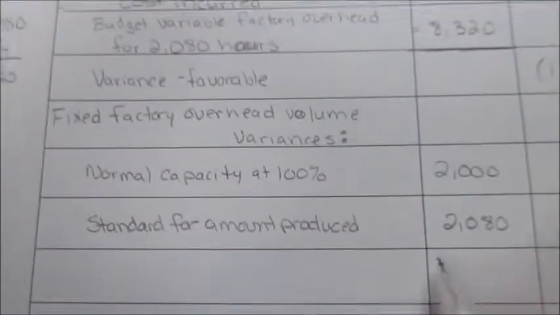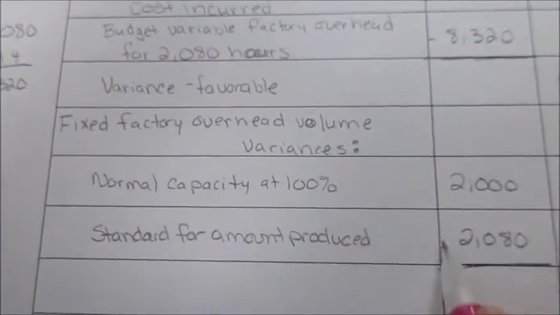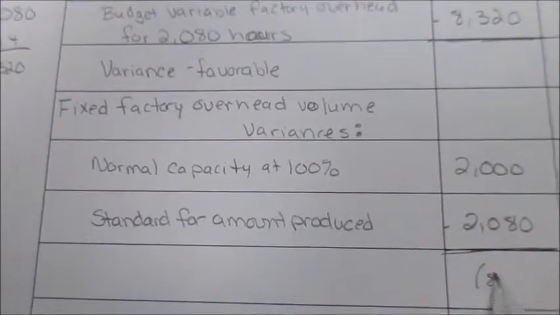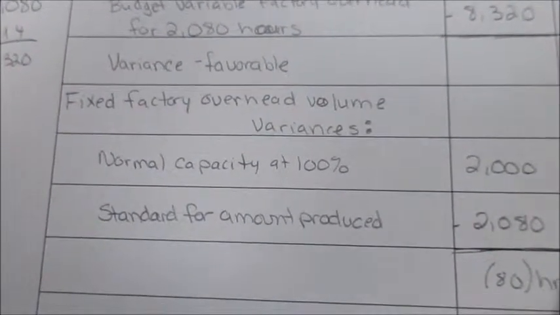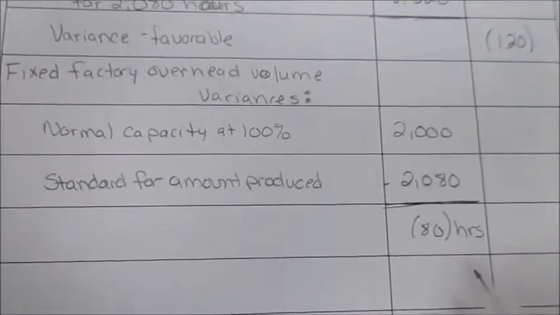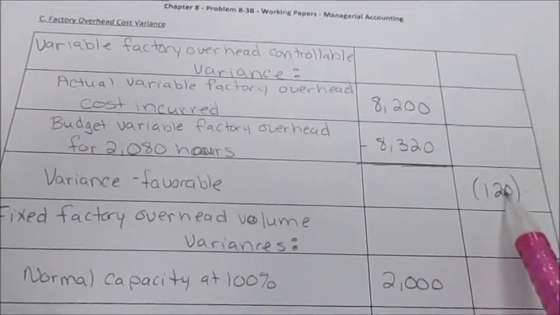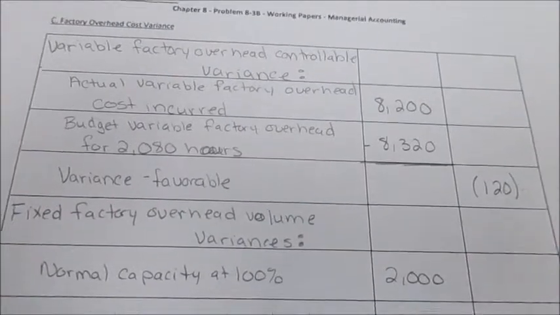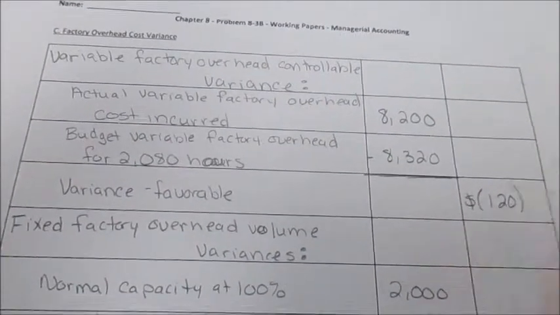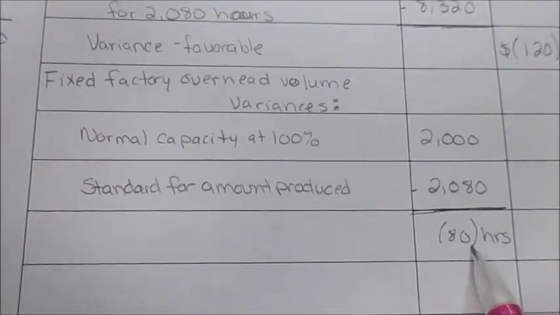So again, we're going to take these two numbers and subtract them, and we're going to get negative 80. And this tells us how many hours. This doesn't tell us in money. Up here our 120 was in dollars. This is in hours. Now we can't add hours and dollars.